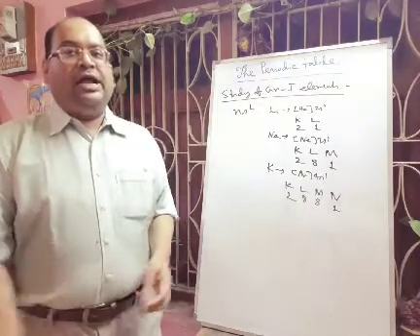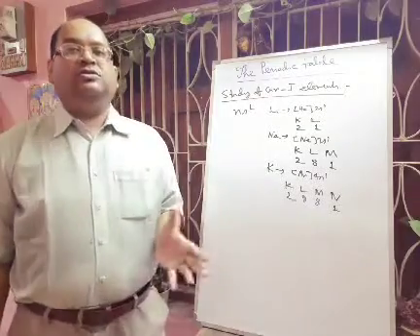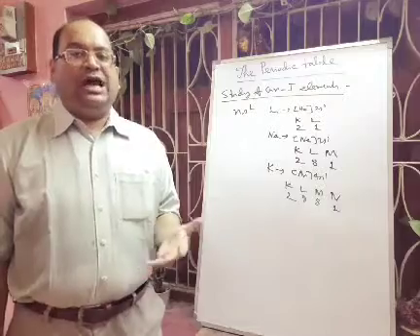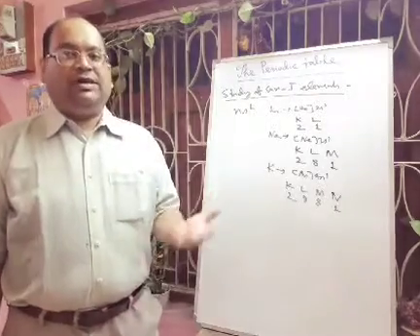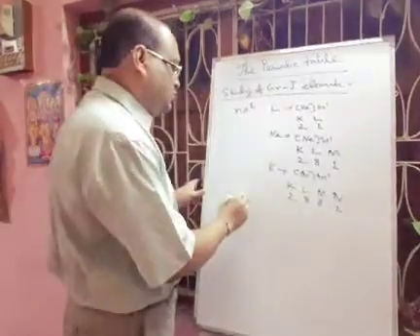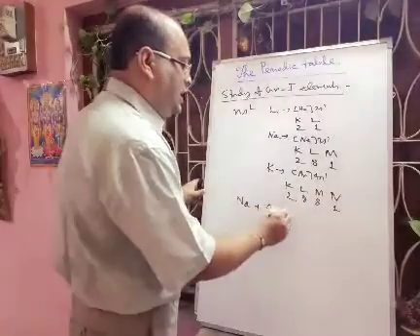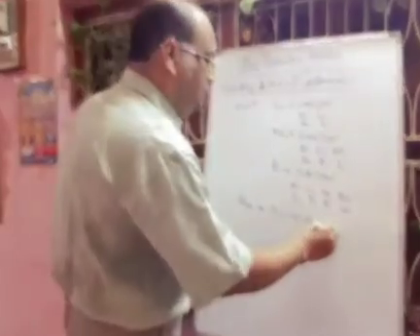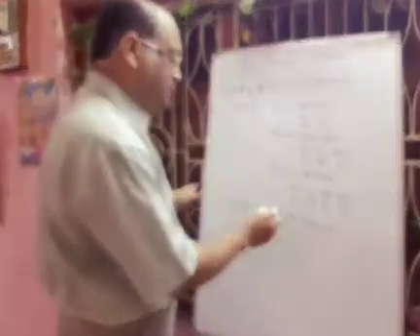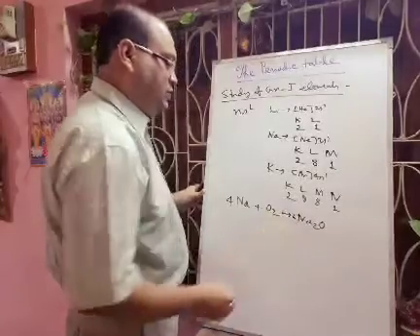And these types of compounds readily react with oxygen as well as water vapor or water in the open atmosphere. So far we can show one reaction: sodium is reacting with oxygen and forming sodium oxide, Na2O. So here you have to put 4 Na reacting with O2, then you have to put twice Na2O.